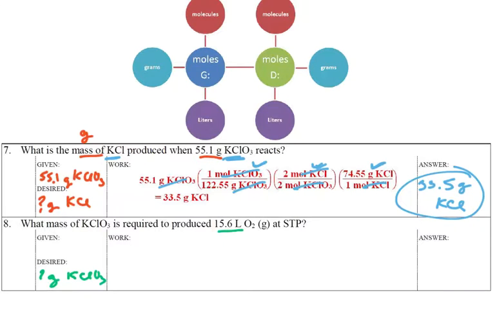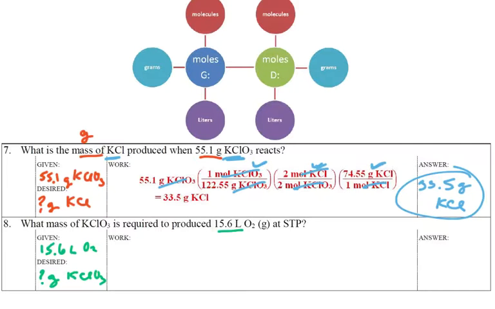Starting with liters, 15.6 liters of O2 gas. Now the fact we're doing liters means we're probably going to use 22.4 liters per mole to get our answer. Okay, so we have our given, we have our desired.